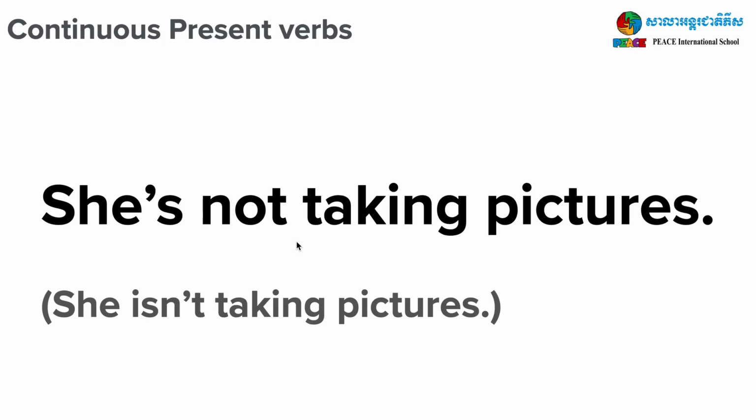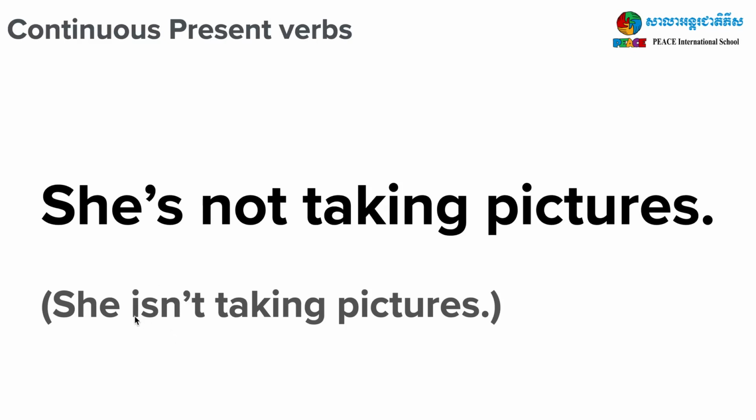You can also make the sentence negative using this example. These are the same, although we changed the verb. She isn't. Instead of she's not, we can also say she isn't. It's the same. She's not, she isn't.